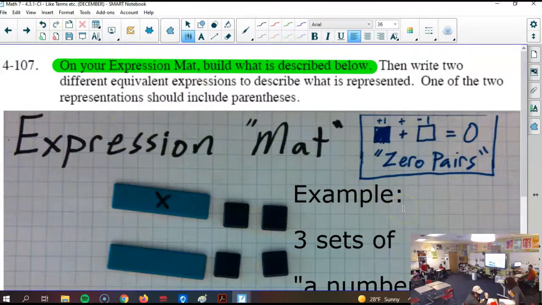All right, so now if 433 is ready to turn that in. You can grab a closure up front if you would like, or I will pass them out later. And then get out your expression mat, your algebra tiles, and your graph paper.